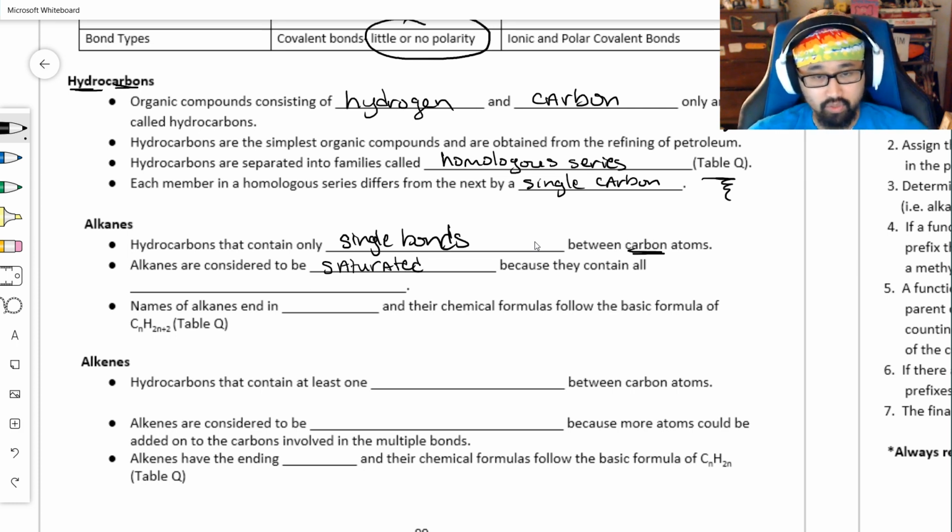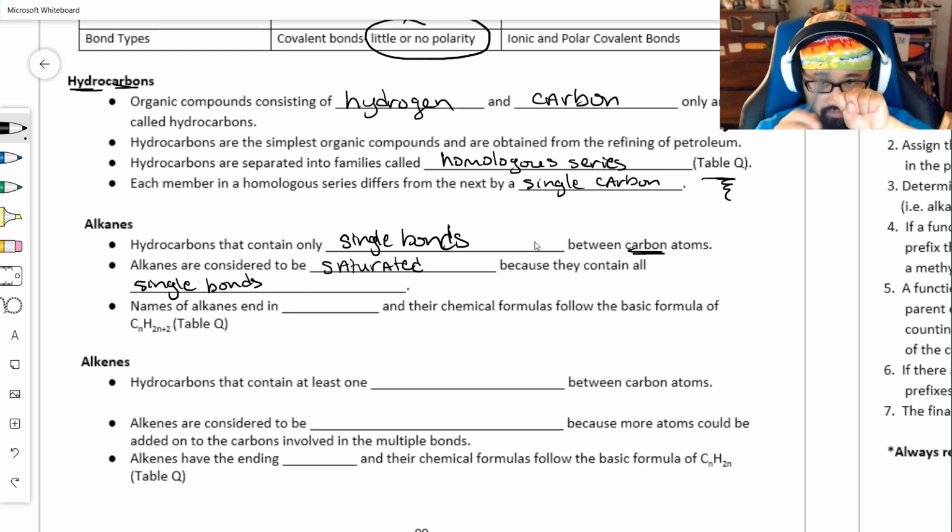This is the second time we've seen this word saturated. We talked about solutions being saturated, they're completely full. Alkanes are saturated because they contain all single bonds, and every carbon is attached to 4 separate atoms. So if all of them are single bonds, that's an alkane, only single bonds.